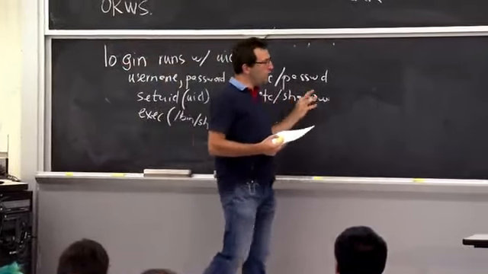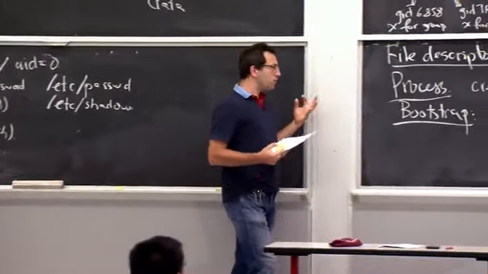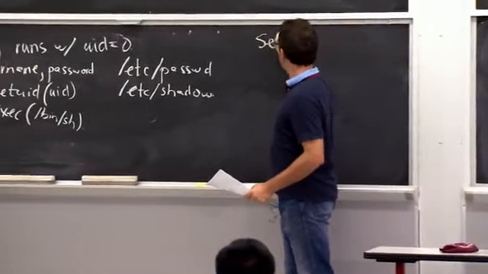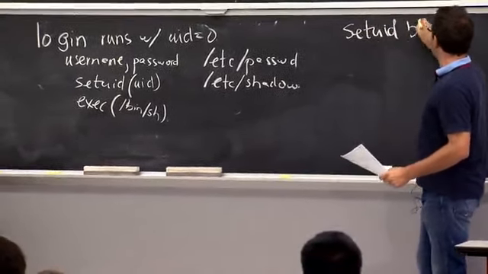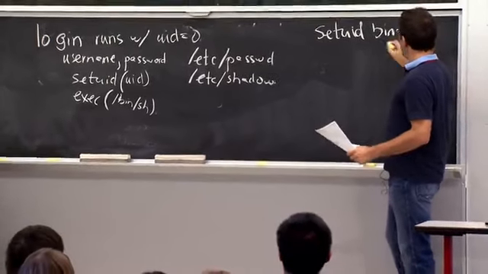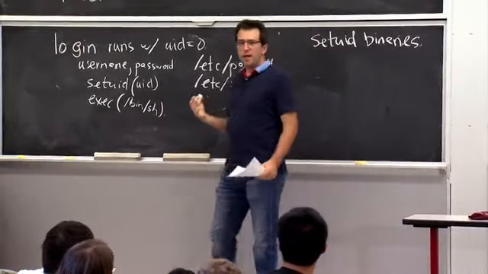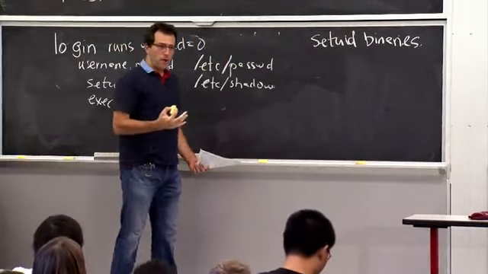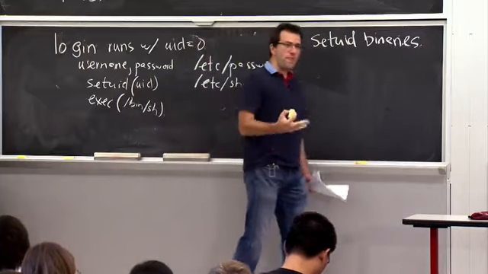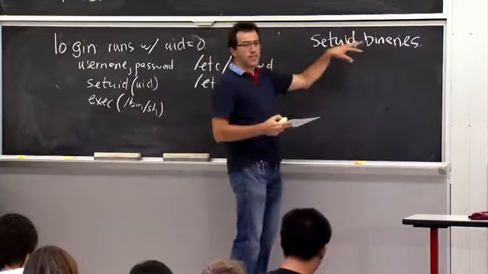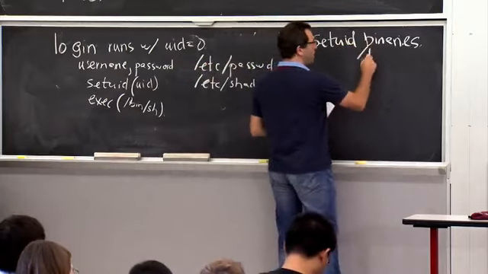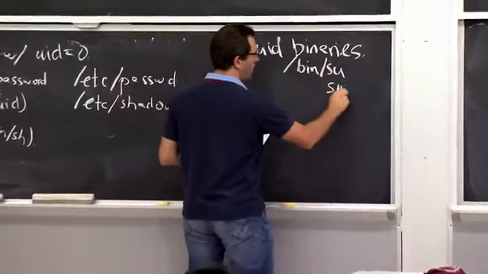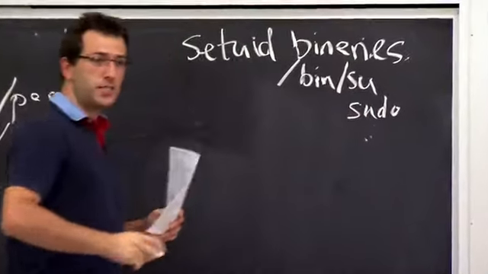So in order to do this, Unix has this sort of clever, sort of problematic mechanism called setuid binaries. So setuid binaries are just regular executables in a Unix file system, except that when you call exec on a setuid binary, for example, /bin/su on most machines, or sudo as well, there's a bunch of setuid binaries on a typical Unix system.